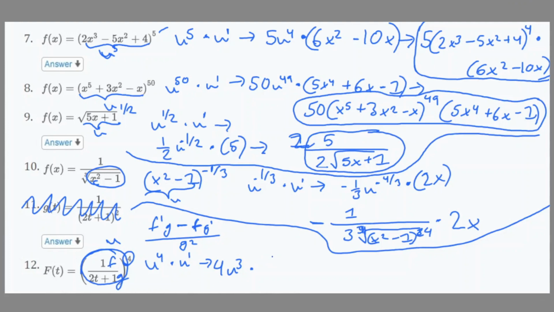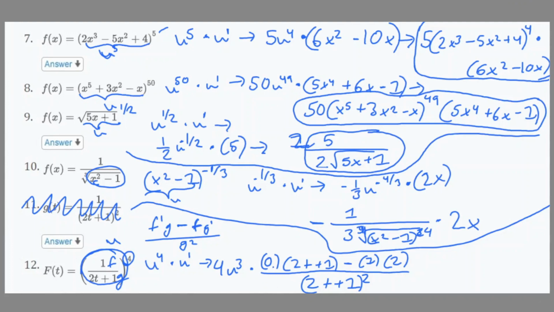So we would have f prime, which is 0, multiplied by g, which is 2t plus 1, minus f, which is 1, times g prime, which is just going to be 2, and then over 2t plus 1 squared.